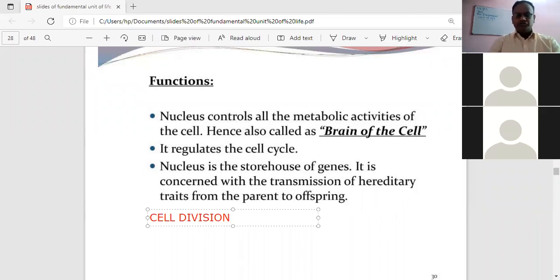Now, the chromosome, let me draw this. Students, suppose, as I told you, the chromosome is visible at the time of cell division.